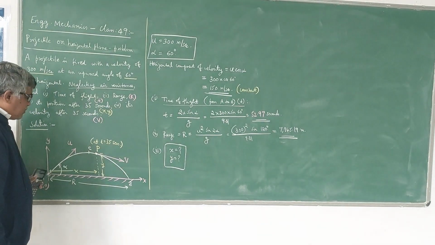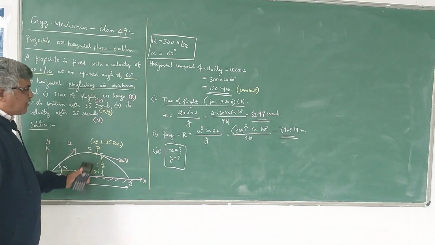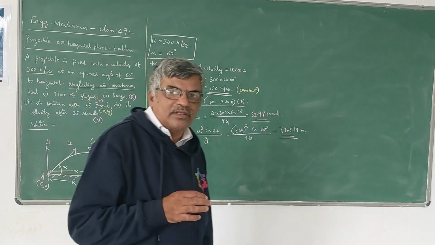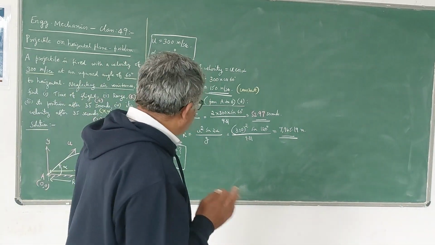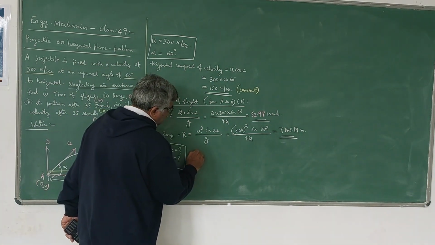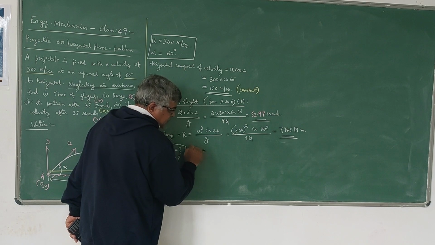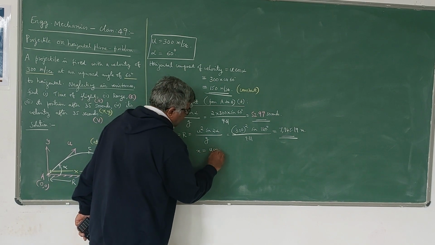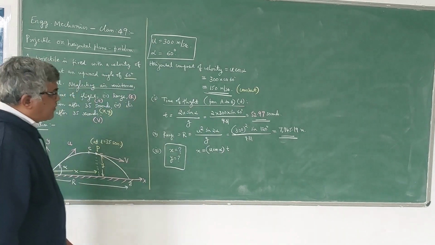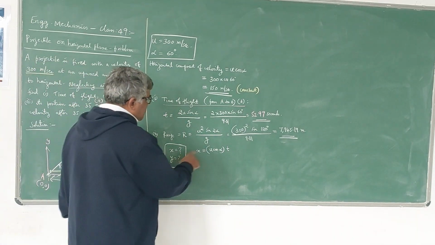What is the position of the projectile, means x and y we have to find out. So x is found out using the horizontal motion equation. Y is found out using the trajectory equation. So the horizontal motion equation is x, the distance traveled, is equal to u cos alpha, the horizontal component, into time. So velocity into time is the distance. So this is the equation.